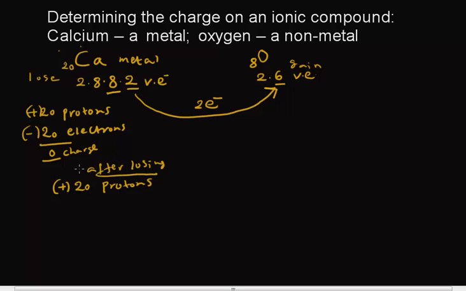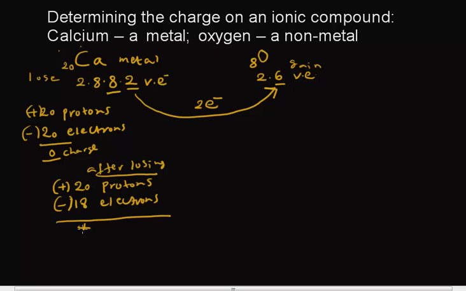Since calcium lost 2 valence electrons, now it's left with 18 electrons. That means there are 18 negative charges. So the net charge on calcium would be positive 20 minus 18, that's positive 2.